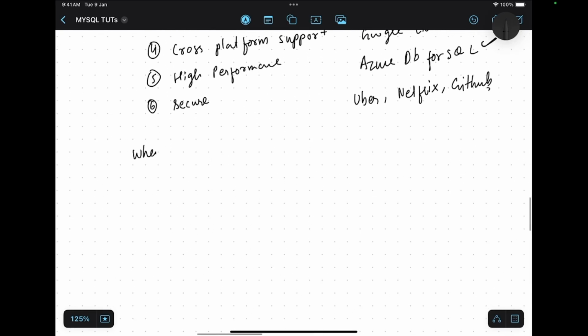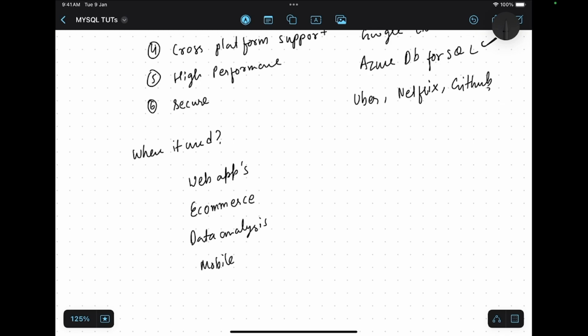And now the question is where it is actually used. It's used in a lot of things like web apps. E-commerce applications also use it, for data analysis too. MySQL is used in mobile apps also, and in embedded systems we use MySQL as well.